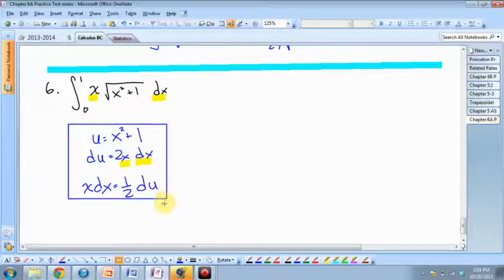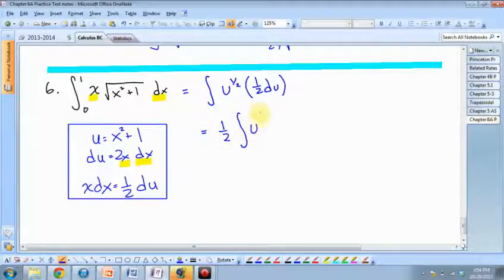Let's box that up. So this is equal to the antiderivative of u to the 1/2 power times 1/2 du. That's equal to 1/2 antiderivative of u to the 1/2 du.